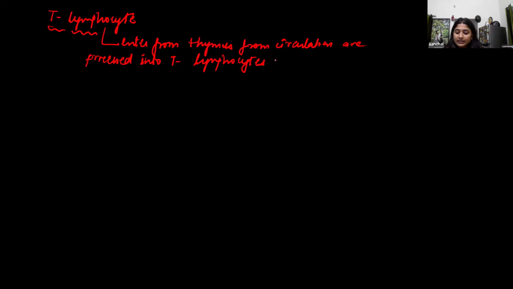The thymus secretes a hormone that is known as thymosin. And this thymosin is very important for providing immunity to the body, as it accelerates the proliferation and activation of lymphocytes inside the thymus.